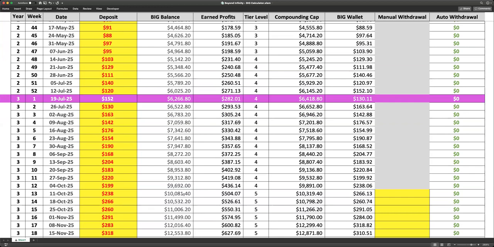So that means you are qualified to withdraw to your internal wallet anything over 10,000. While you're waiting for those automatic withdrawals to kick in, you have this available to you. So let's go to the bottom.